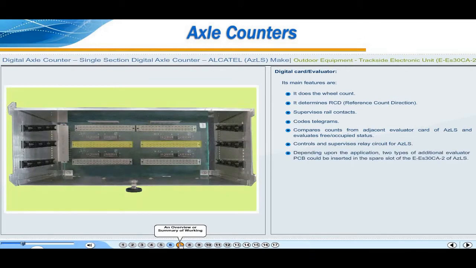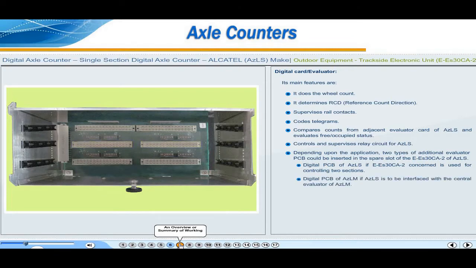Depending upon the application, 2 types of additional evaluator PCB could be inserted in the spare slot of the EES30CA2 of AZLS. Digital PCB of AZLS if the EES30CA2 concerned is used for controlling 2 sections.